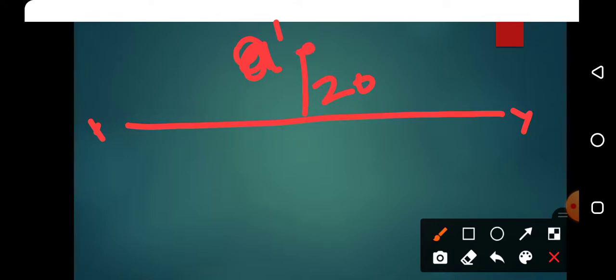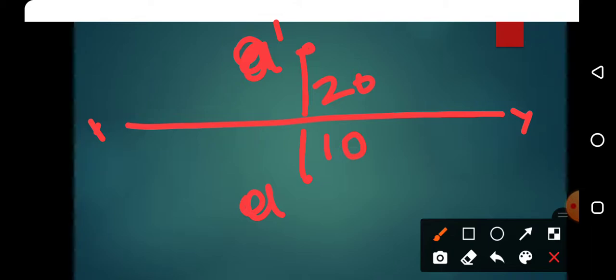Here is the point. It is 10 mm in front of the VP, denoted by small a. Apart from the three principal planes, the profile plane, horizontal plane and vertical plane, another vertical plane is required to get the exact dimension of the point.